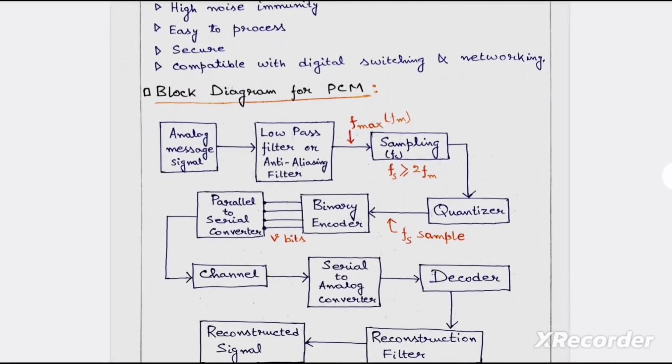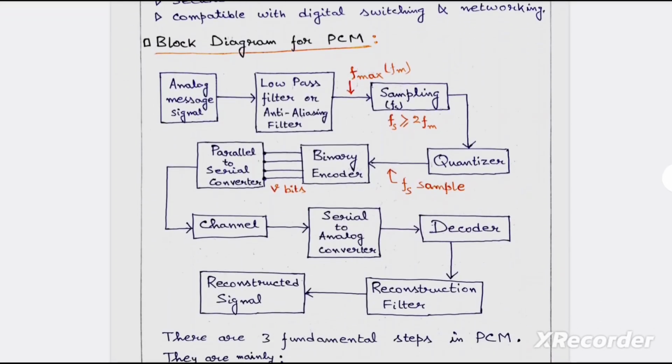Now here is the main thing, the most attractive thing, the block diagram of PCM. Here we can easily see the analog message signal is applied, which passes through the low pass filter or anti-aliasing filter. Here we get the maximum frequency out of the LPF.